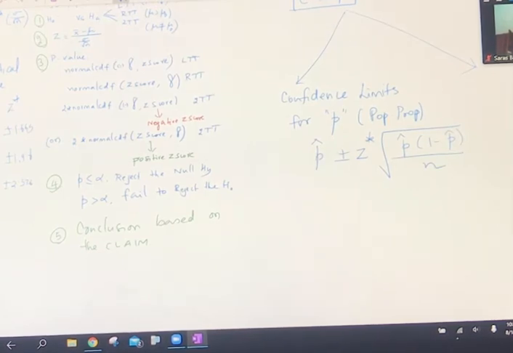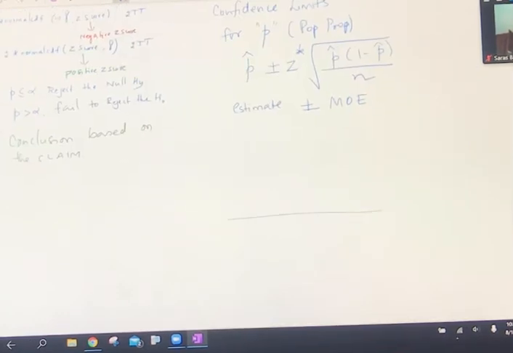So this is going to be the estimate plus or minus the margin of error. So what is that? The margin of error is going to be on either side from the center. So in my curve, this is going to be the center, the sample proportion, and on either side I am going to have, what is the C level here again?